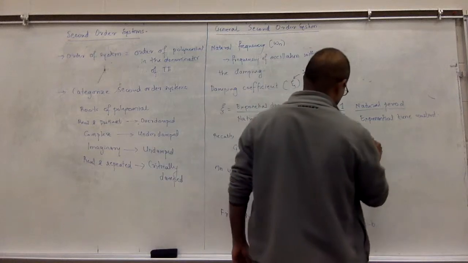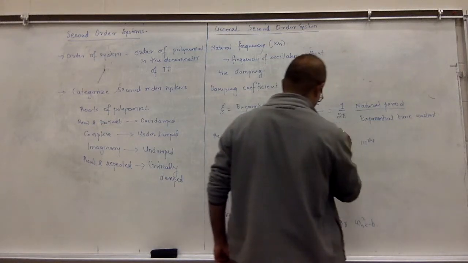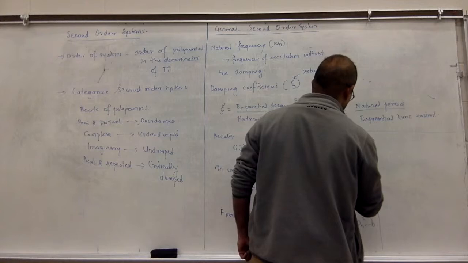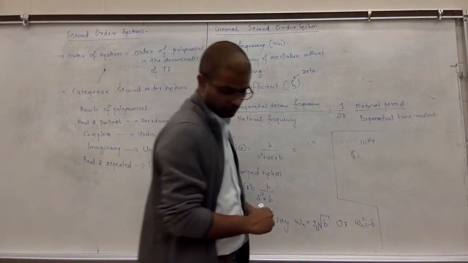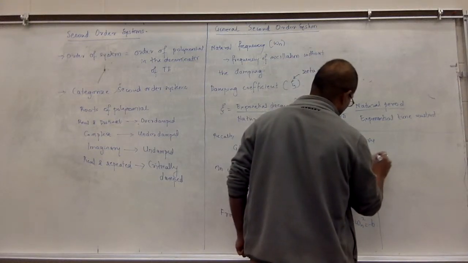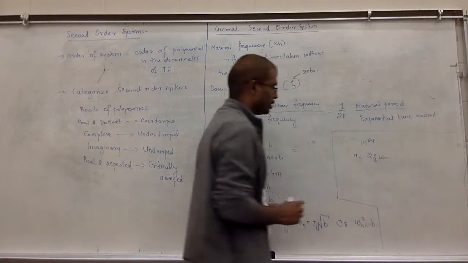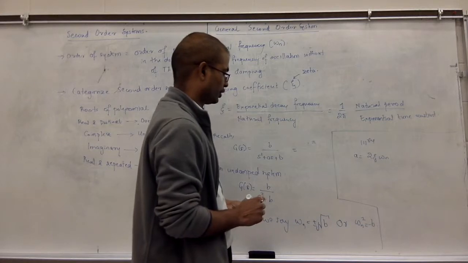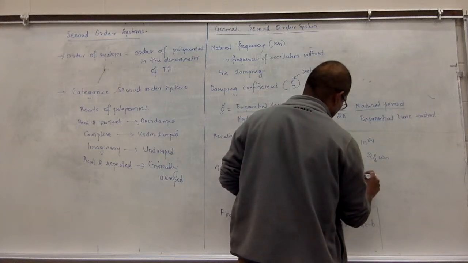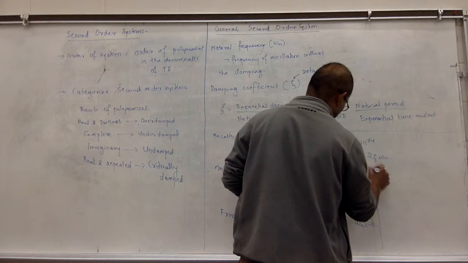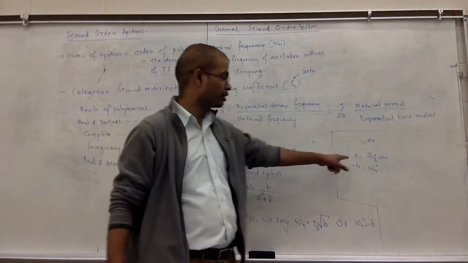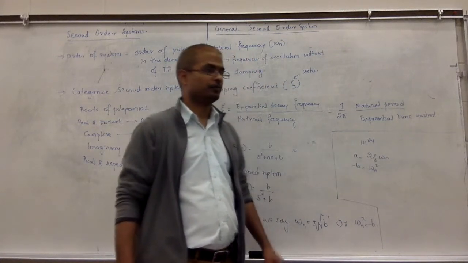Similarly, I'll just write it here. We define zeta as follows: B is equal to omega n square, and A is equal to 2 zeta omega n.